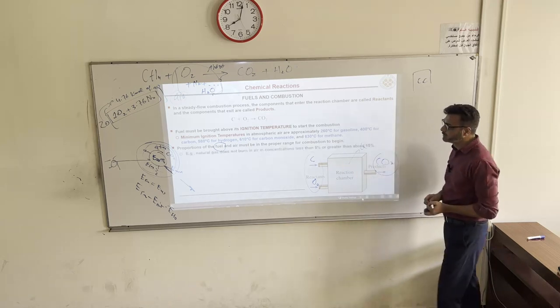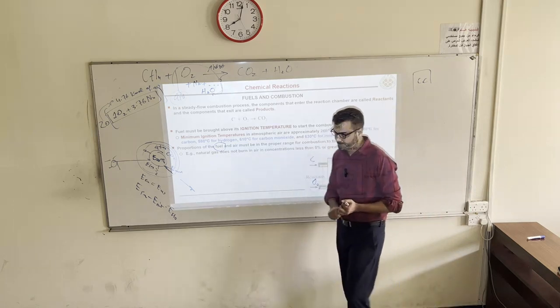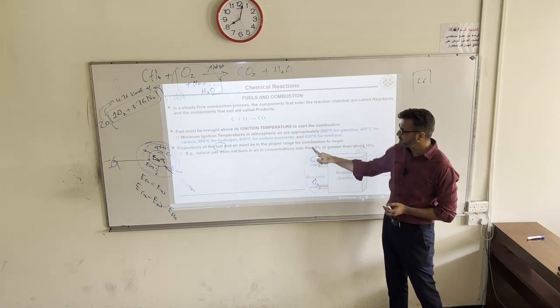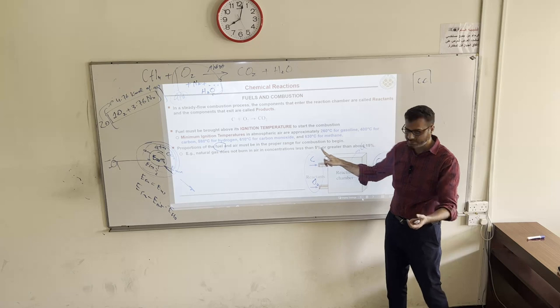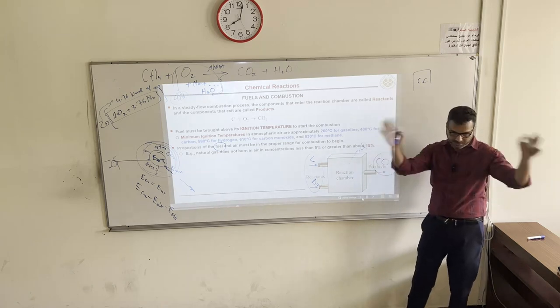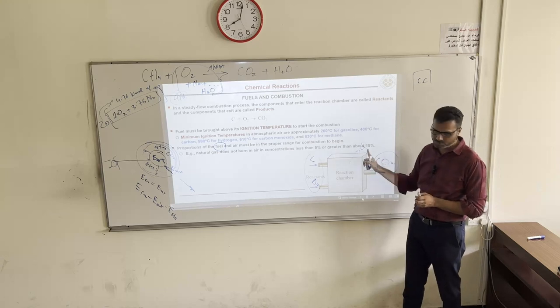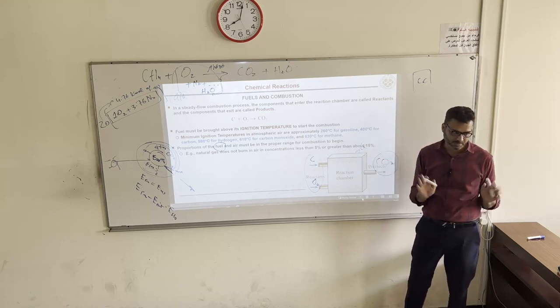For example, if you want to burn natural gas, CH4, it will not burn if its concentration is less than 5% in air or greater than 15% in the available air. Only if the proportion is between these two ranges will it combust properly.